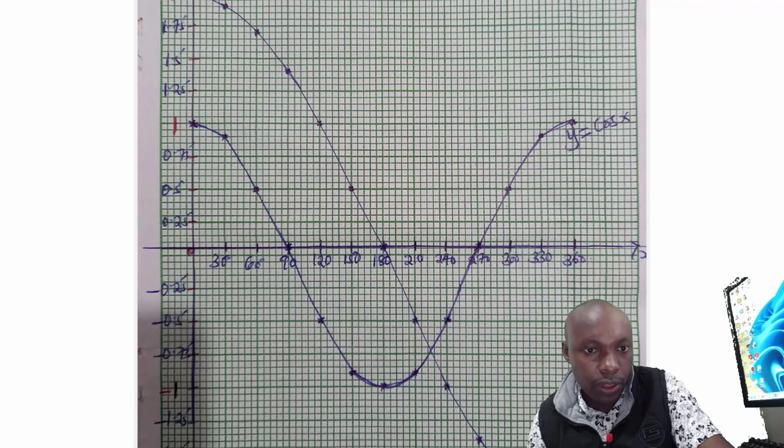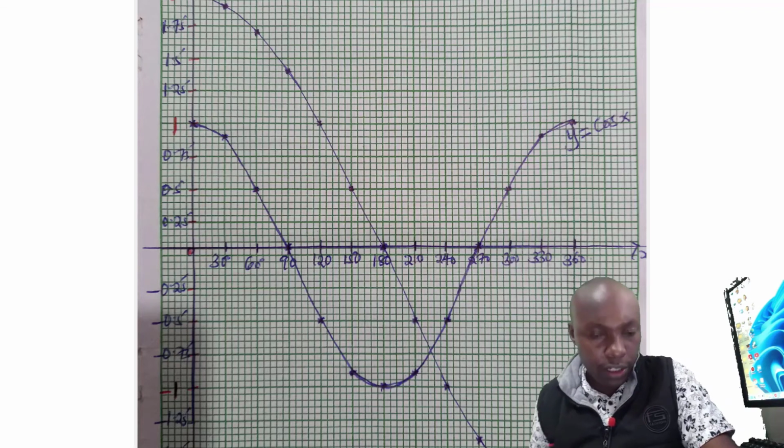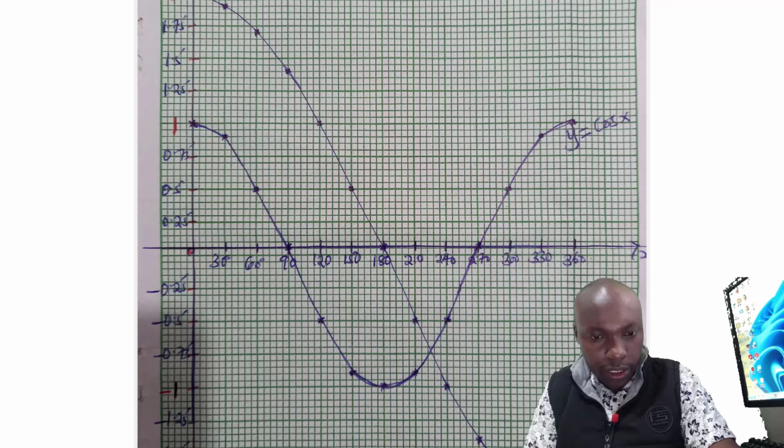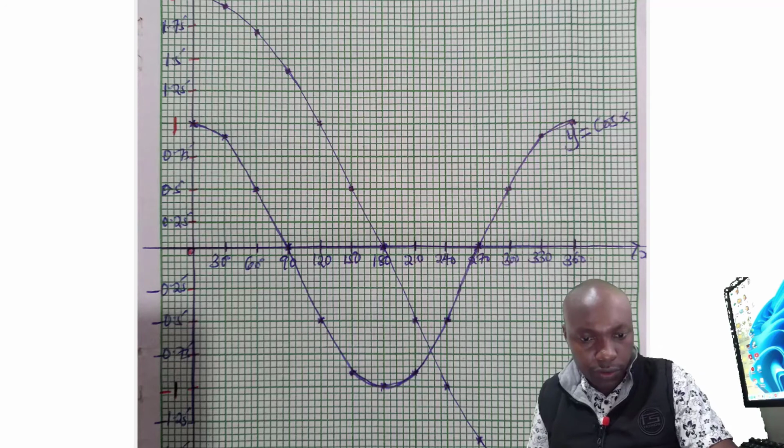One is parallel to the y-axis, and the other is a stretch parallel to the x-axis. The first curve begins from 1, then has been stretched to 2, then on the x-axis from 90 to 180, and you can see there's a stretch factor there. So this is a stretch factor of 2 from 1 to 2, then from 90 to 180 degrees.